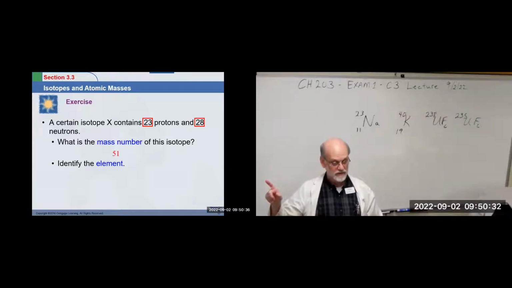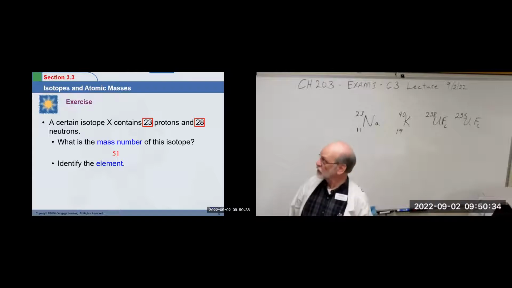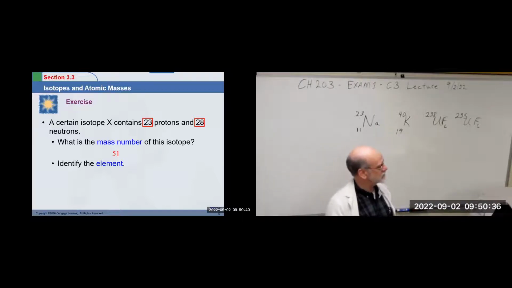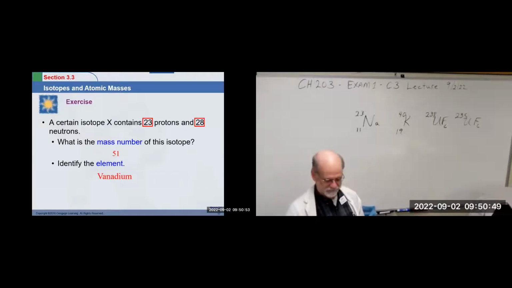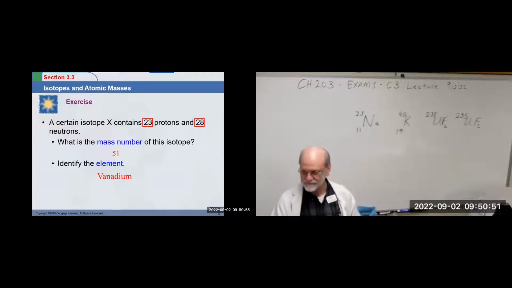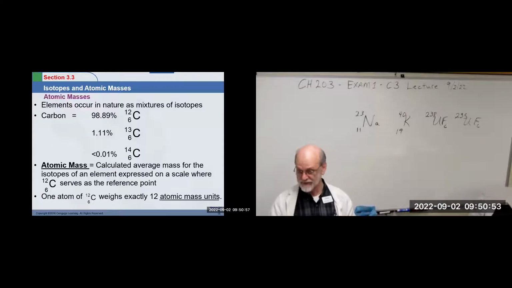The atomic number, the number of protons. So 23, just look up on the chart. So follow along until you find 23. What is it? Did I have you memorize that one? Vanadium. Is it on there? Yeah.